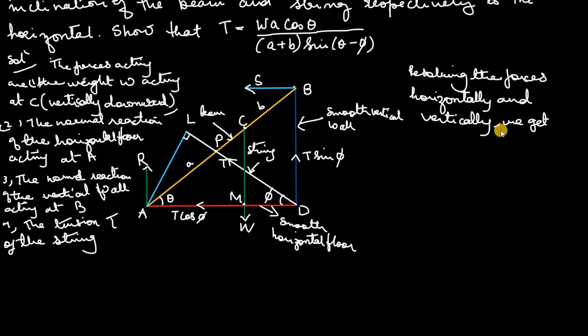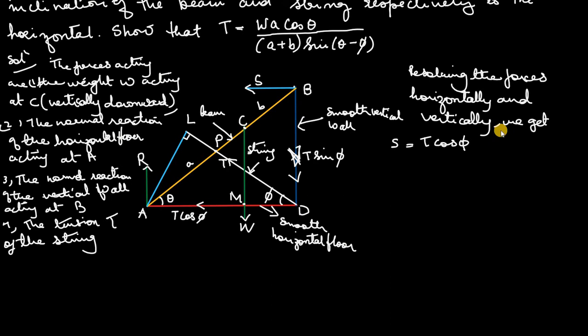So the force S here is equal to T cos phi. These are the horizontal forces, this one and S. And what are the vertical forces? The vertical forces are the weight W and the tension component T sin phi, acting downward, while R is acting upward.